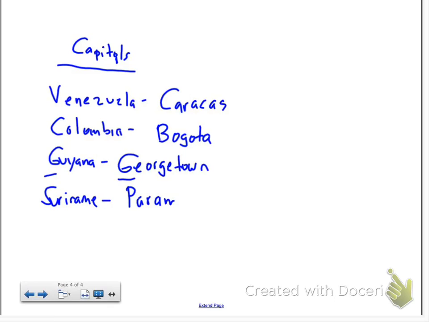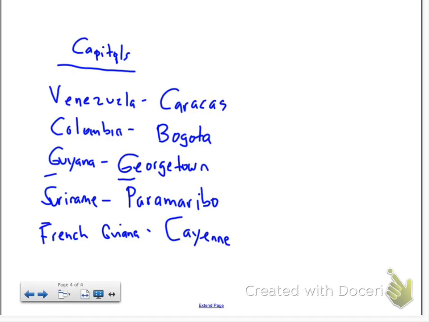Paramaribo. Paramaribo. French Guiana. Capital of French Guiana. Izzy? Cayenne.